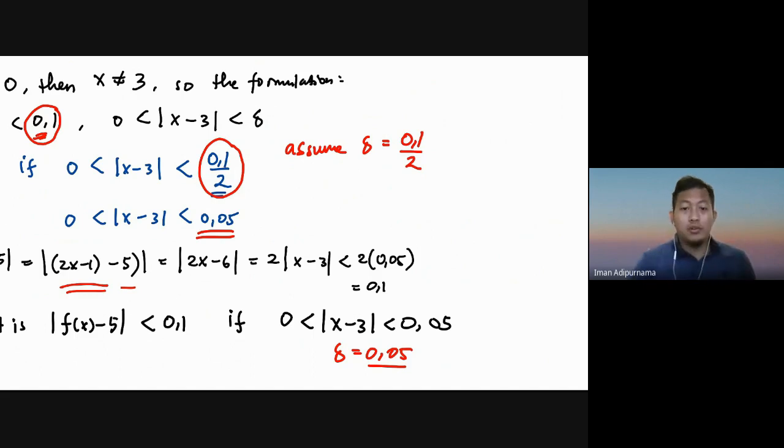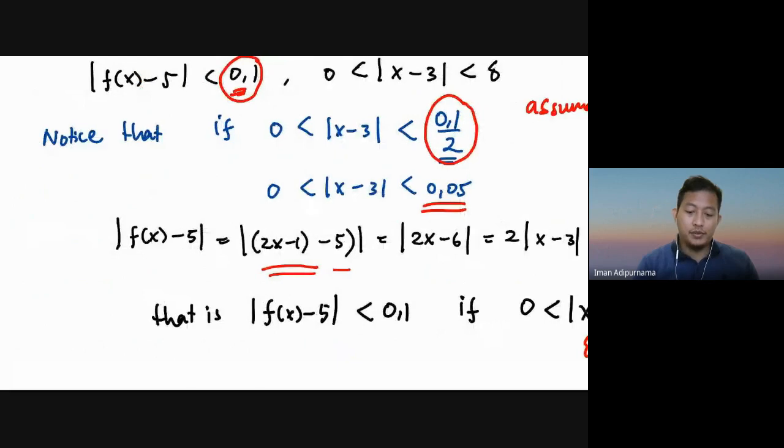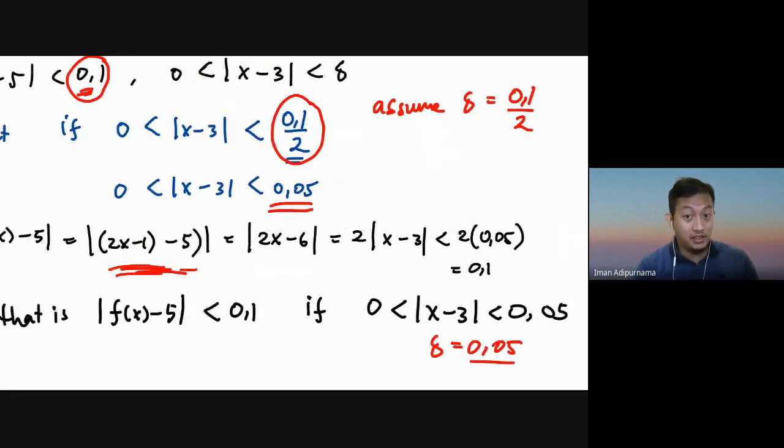Then we go in a circle, and we find that from the function itself, it's 2x minus 1, right? Obviously it's an easy function. It's correct that this is 2x minus 6, which is twice the distance of the delta that we want to find.